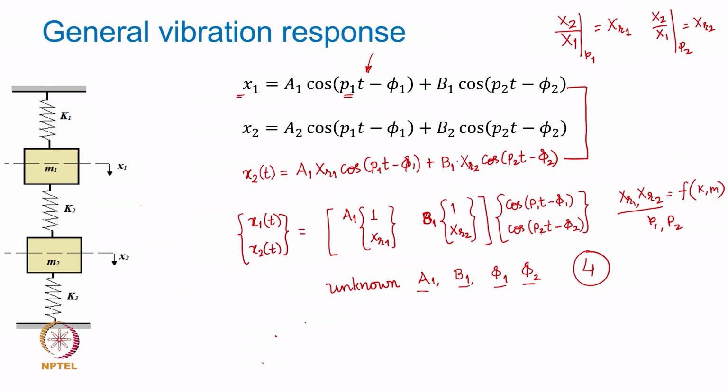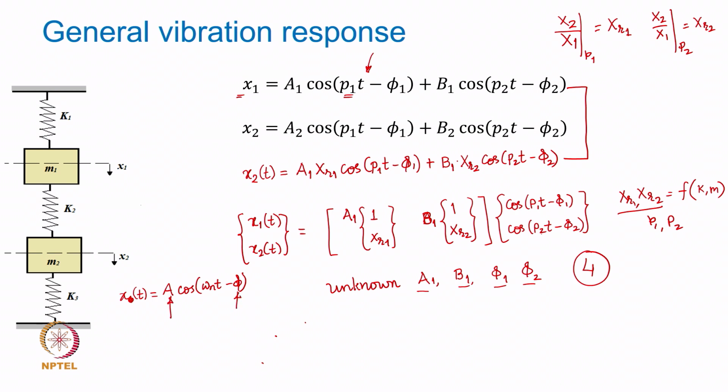You remember the single degree of freedom system. There you had an expression x(t) equal to A cos (omega n t minus phi). That is the only equation you had, not two equations, because there was only one response, the one degree of freedom x(t).